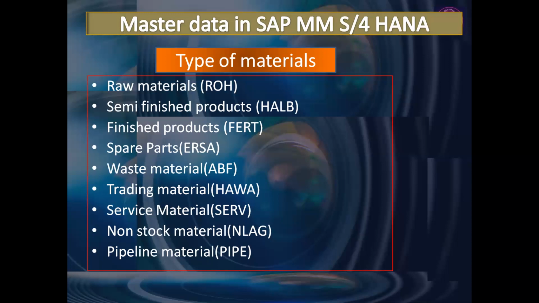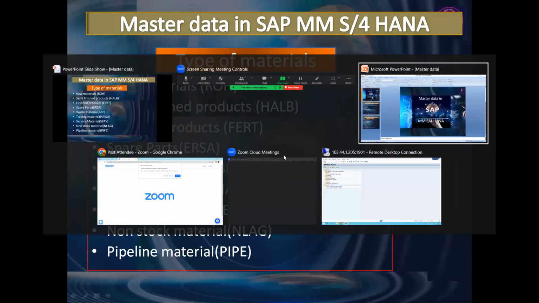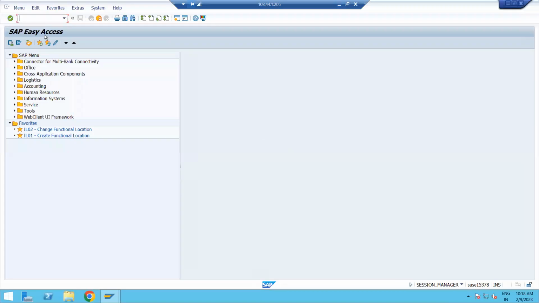Now let's get into the system and I will show you how we can define the different types of materials and what are the different activities we have when we start configuration in the SAP system. Okay, so I have just logged in. To define the material master, we have the configuration path.